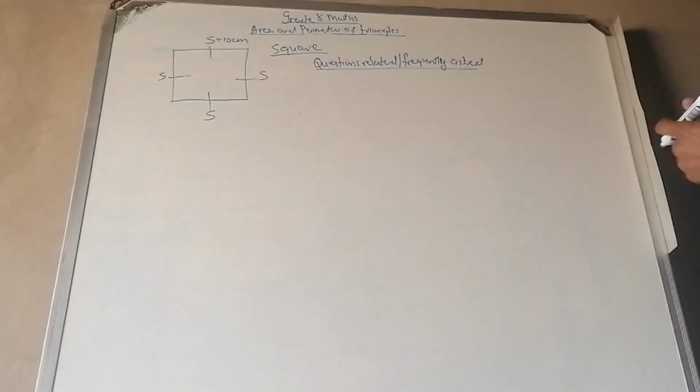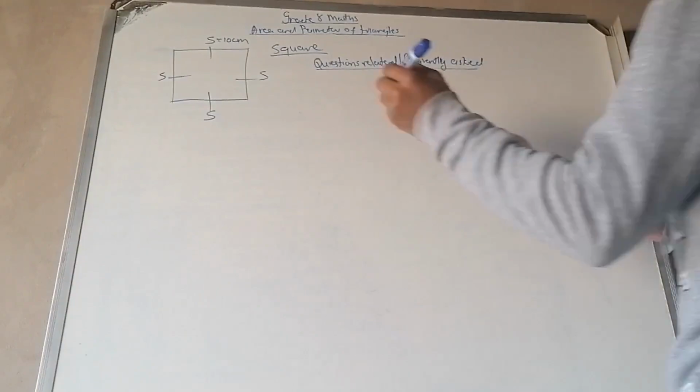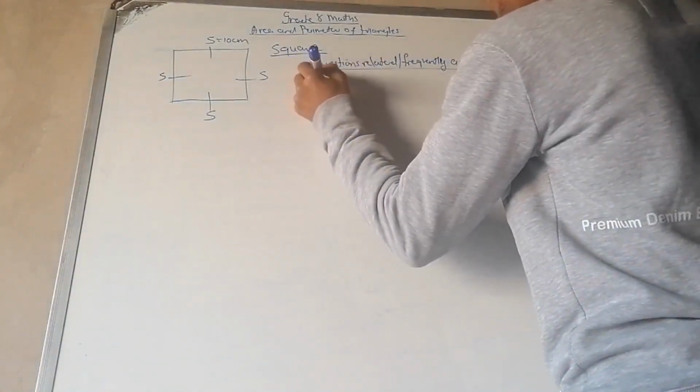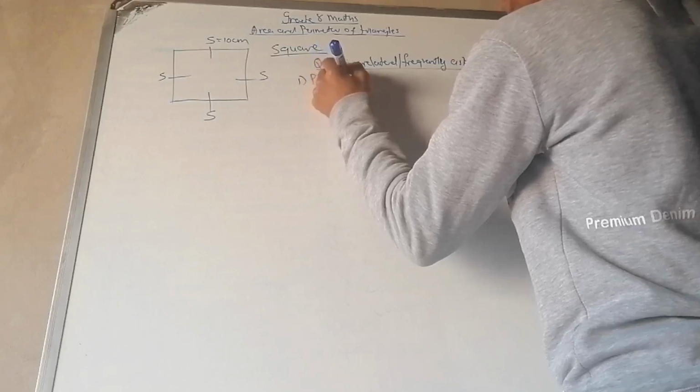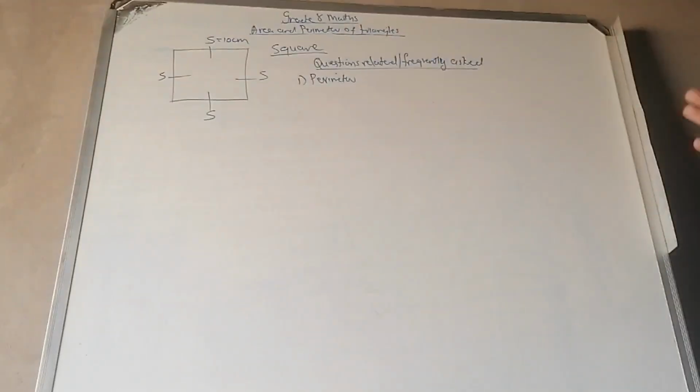Now the questions that are frequently asked about a square, number 1, they will ask for the perimeter. You are given some information, a detailed, clear, descriptive problem that one will be able to analyze.